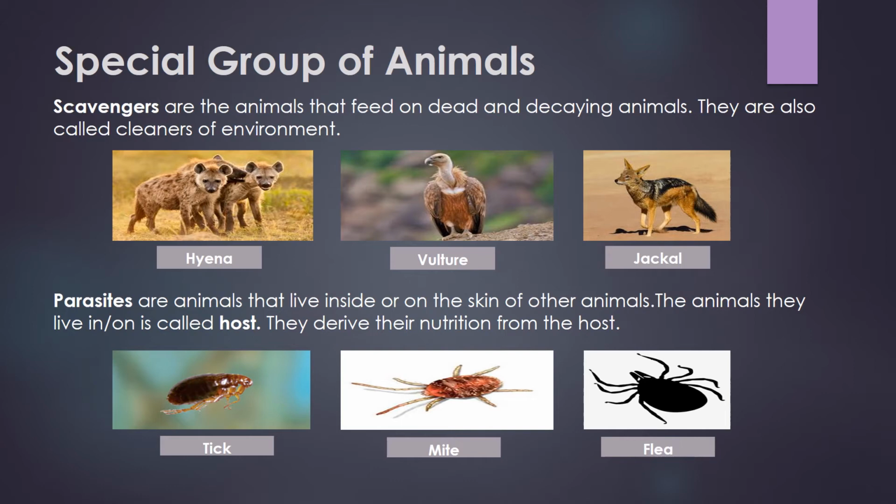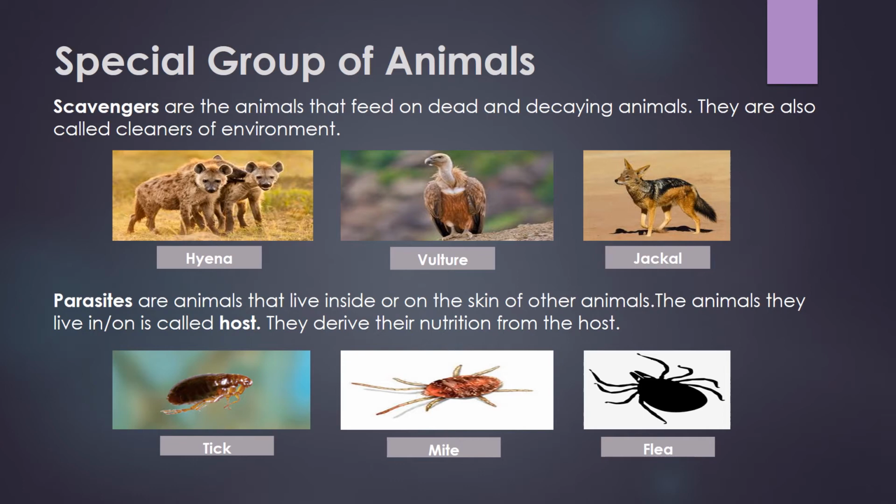The first category is scavengers. Scavengers are the animals that feed on dead and decaying animals. That means they feed on dead animals only. So they help in cleaning the environment, because dead animals would create soil pollution and water pollution in our environment.